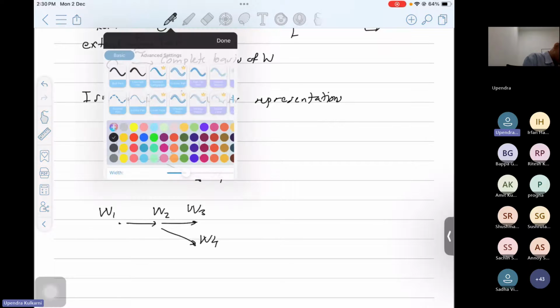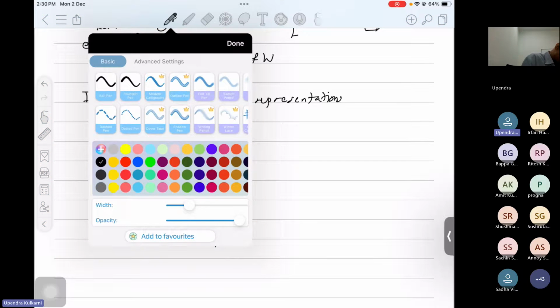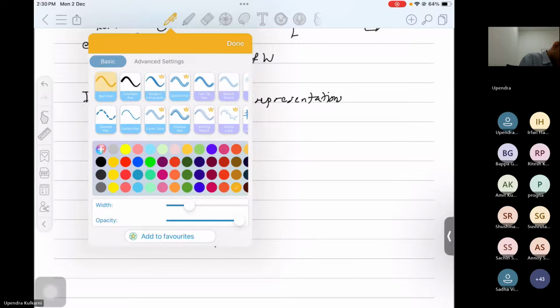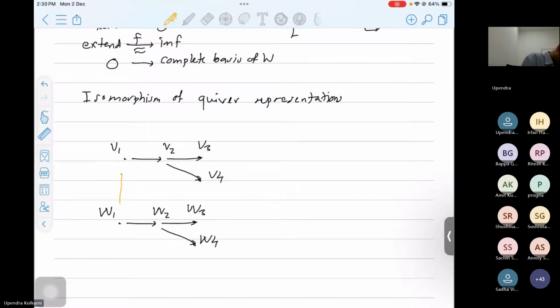Okay, so what do we need to have? Let's use a different color over here. So that means that I need to have maps like this.